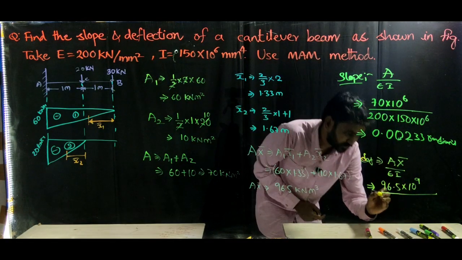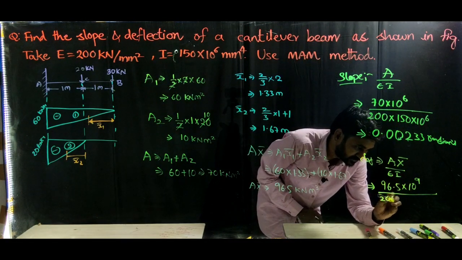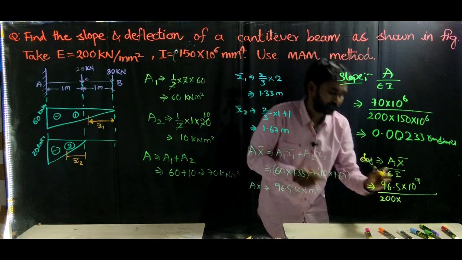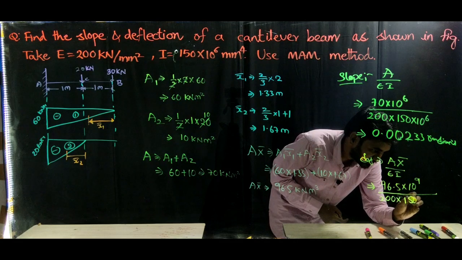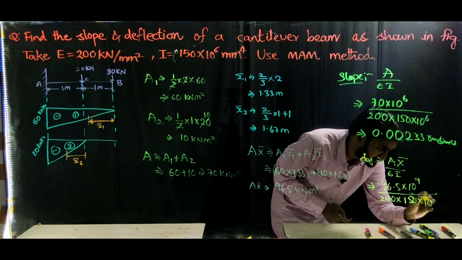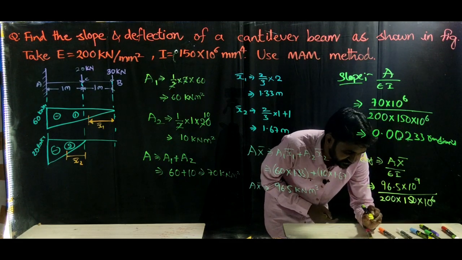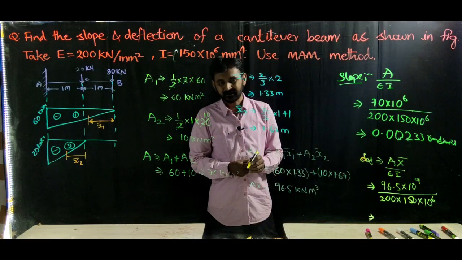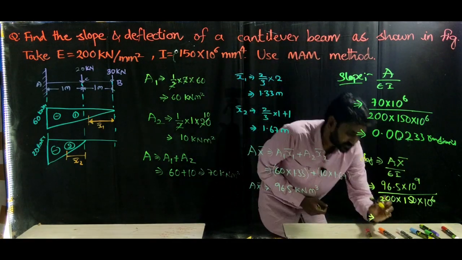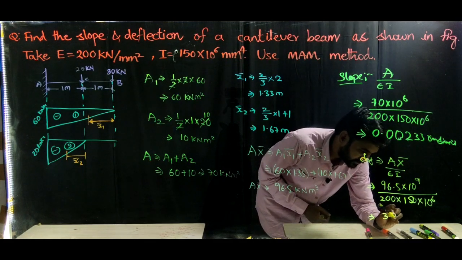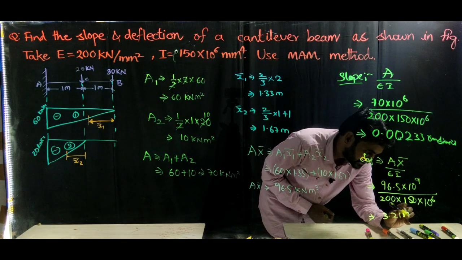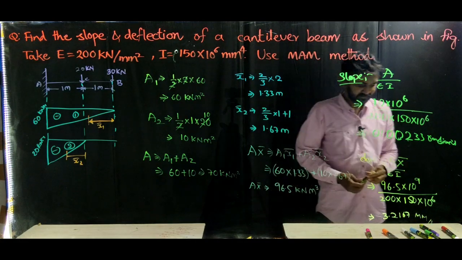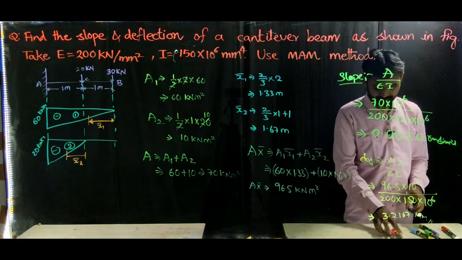E will be 200 into I, which is 150 into 10 to the power of 6. So the value of deflection will be 3.2167 mm.